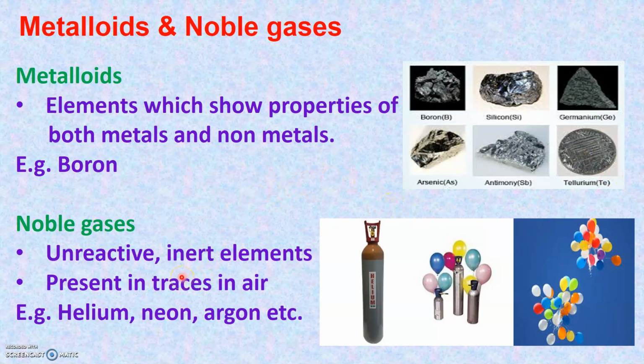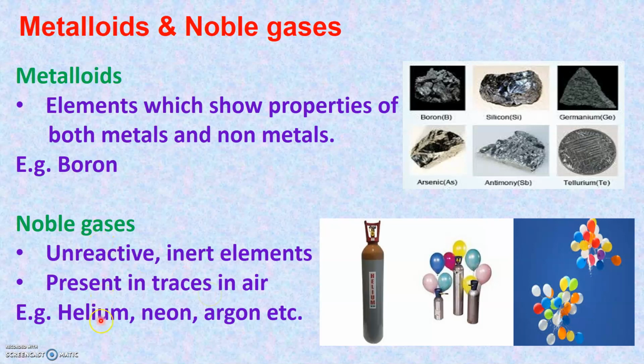Noble gases. Noble gases are highly stable, so they are unreactive and they are also inert elements, which means they do not participate in any chemical reaction. They are present in the air in traces.